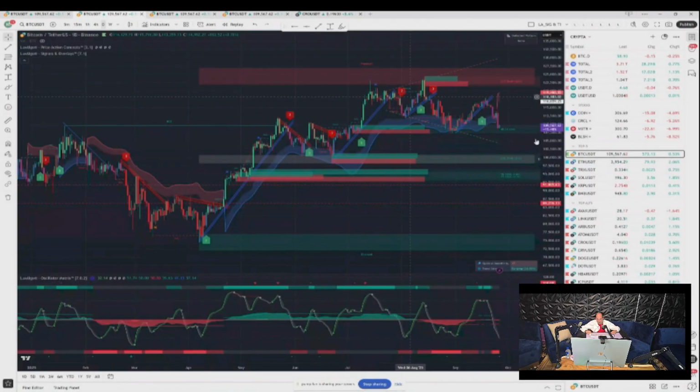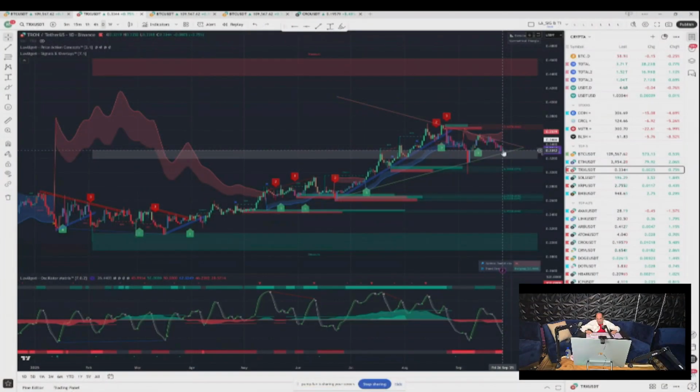Okay, so let's look at Tron. Tron was holding pretty strong, and I agree that out of all the majors, it's probably the strongest one. Basically, also still in the buy mode. Symmetric triangle pattern has not been broken.